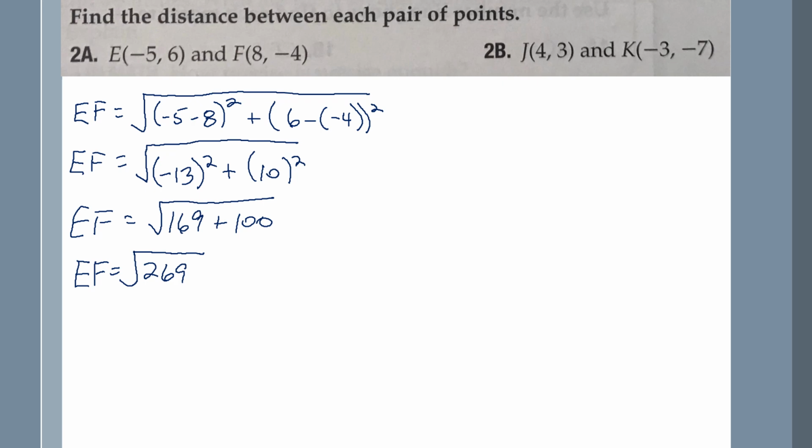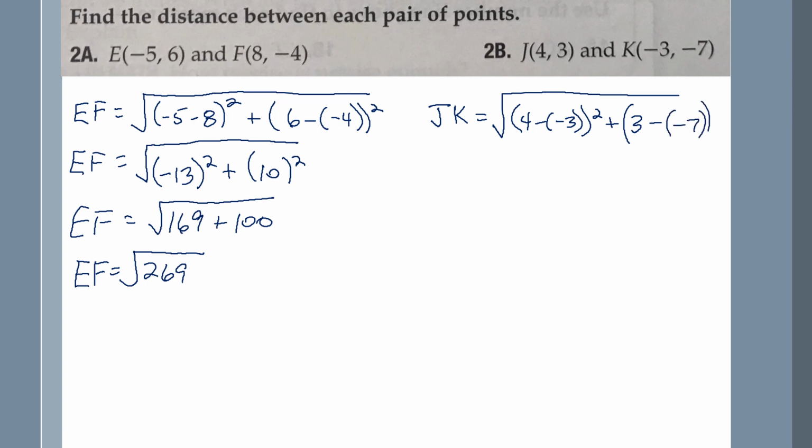Okay, so again, JK is equal to the square root of (4 minus -3) squared plus (3 minus -7) squared.